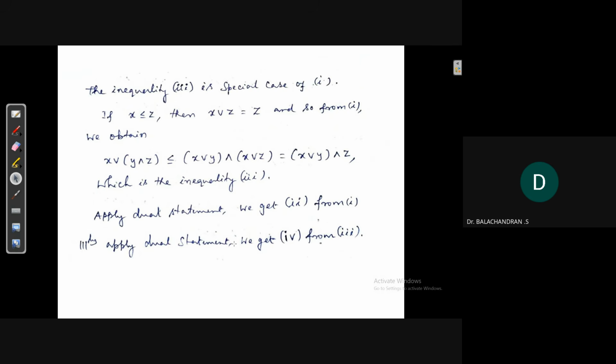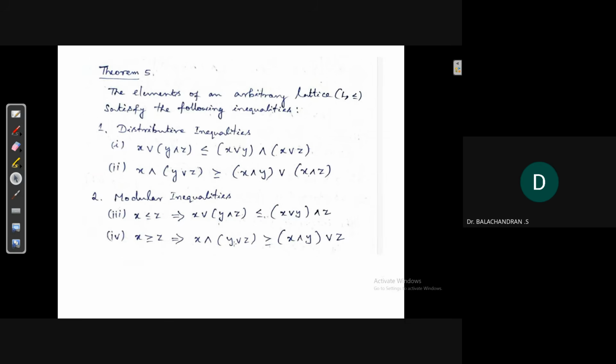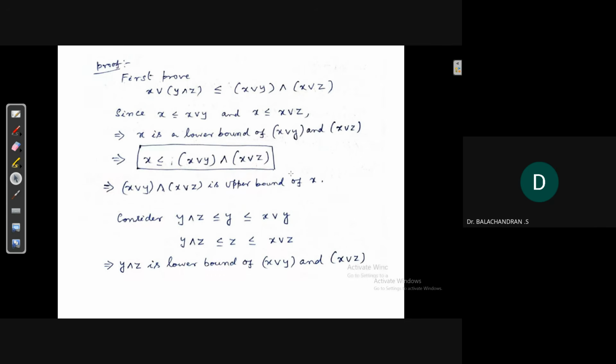So I think we discussed 5 theorems, but the theorems are slightly difficult to remember for students like computer science students. But you need to do it, at least from the exam point of view. The idea is first you should remember these results: what you need to assume and what you need to prove.